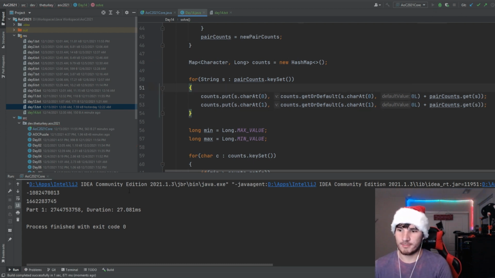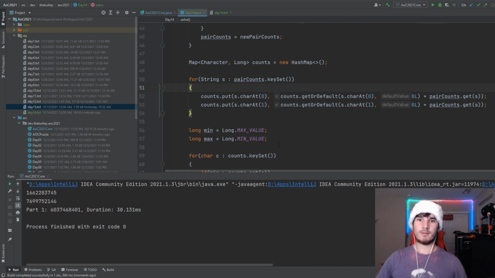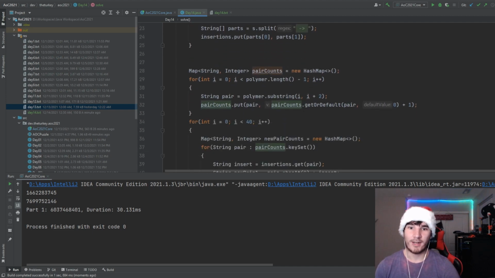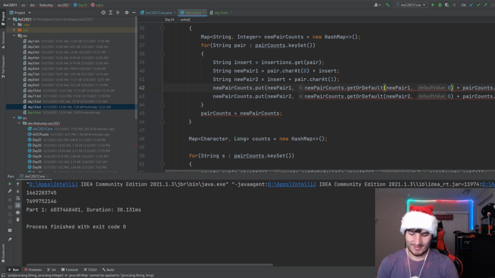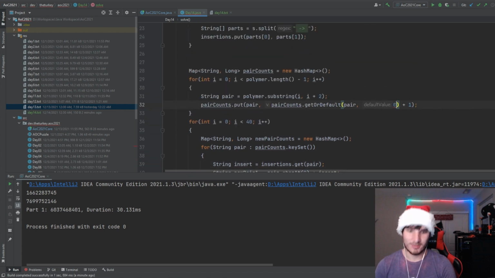That was probably what was screwing us up. Or not. Could the pair counts also need a long? I should just use longs everywhere. I should stop using integers for Advent of Code. Just use longs everywhere. Maybe.